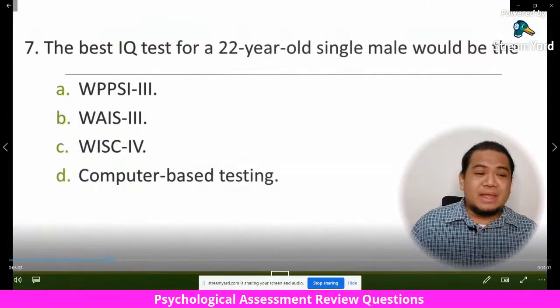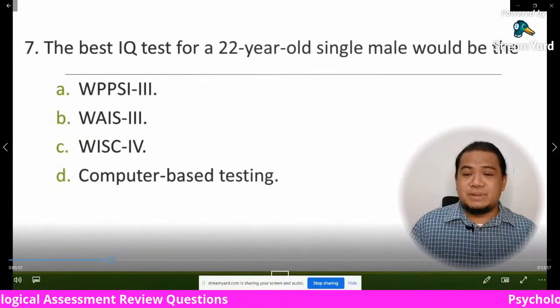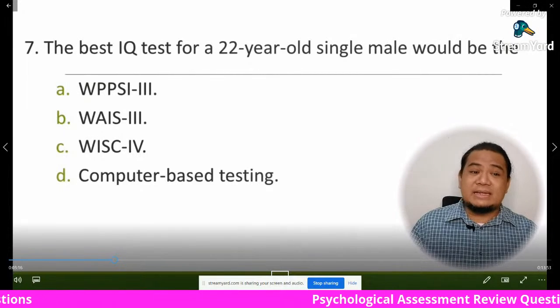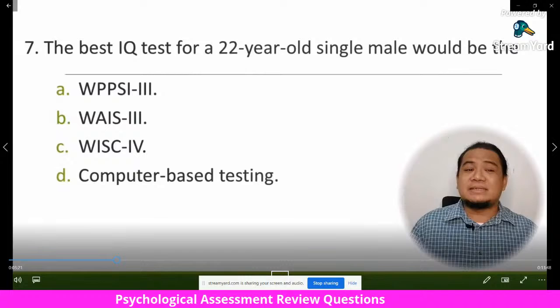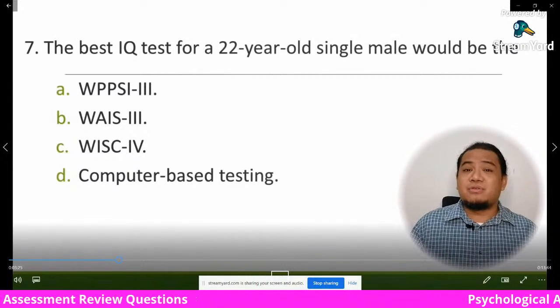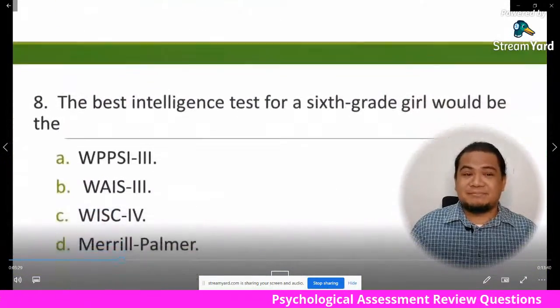Number 7. The best IQ test for a 20-year-old single male would be the: A. WPPSI-3, B. WAIS-3, C. WISC-4, or D. computer-based testing.